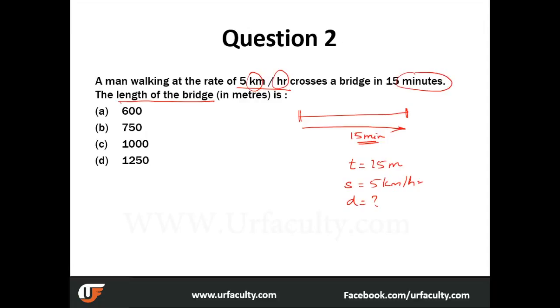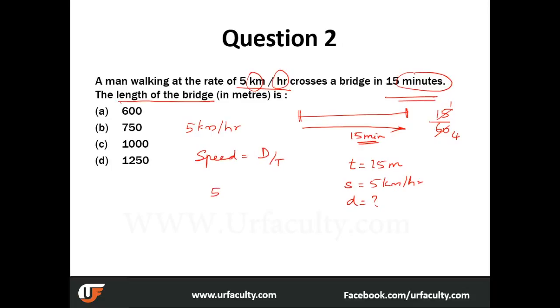Here, please note, you are supposed to maintain your units. For simplicity, we are being given 5 km per hour, and we will convert the 15 minutes into hours. How do you convert into hours? By dividing by 60. You get 1 by 4. Just maintain that. So speed is equal to distance by time.